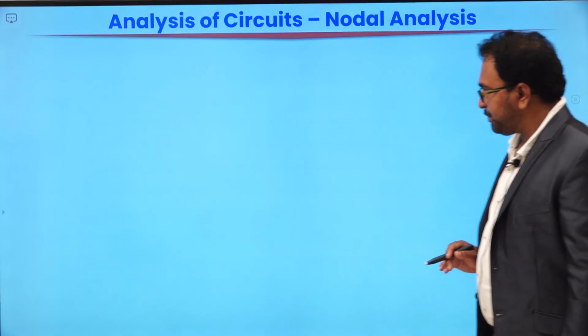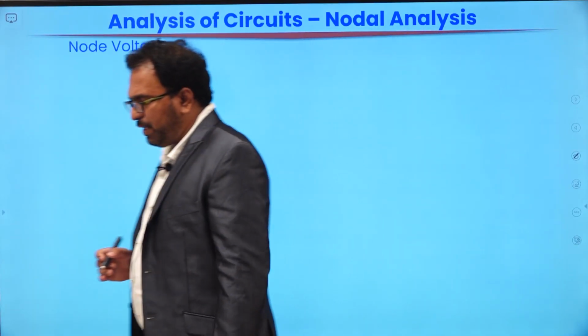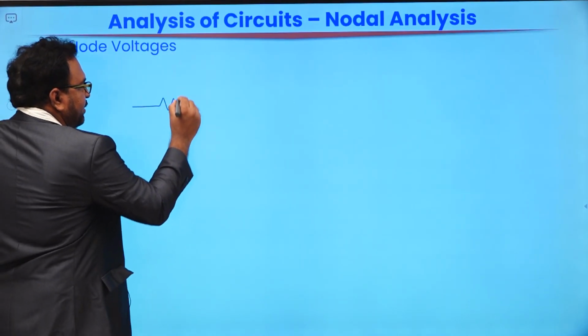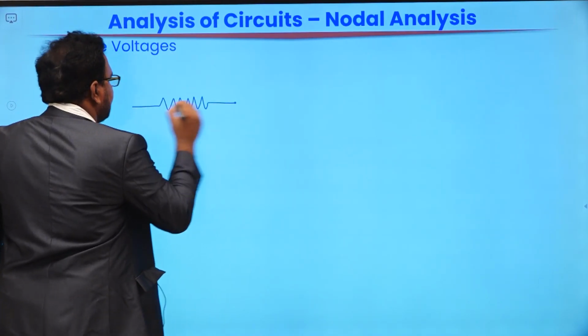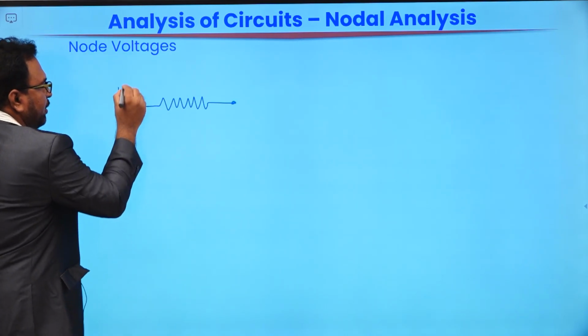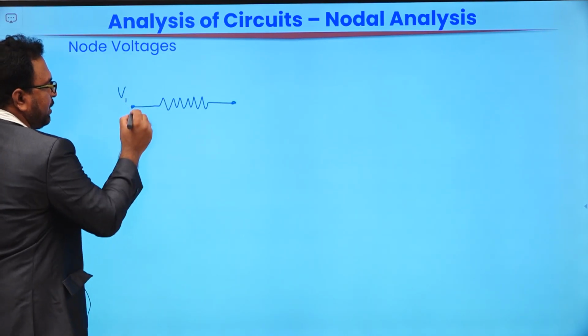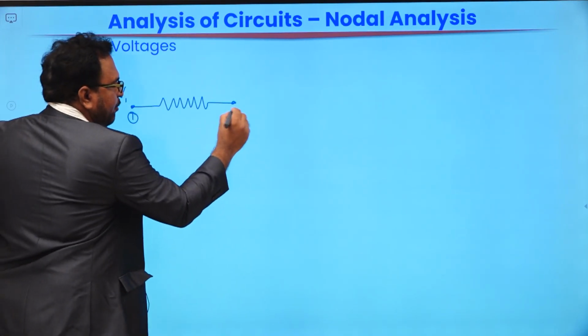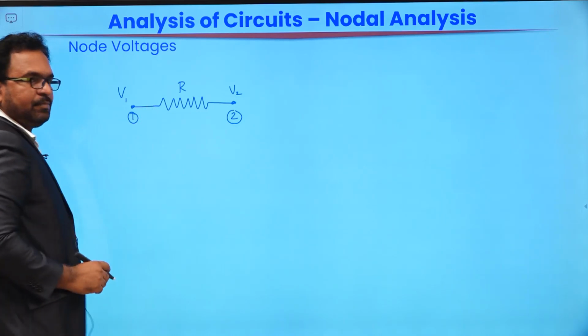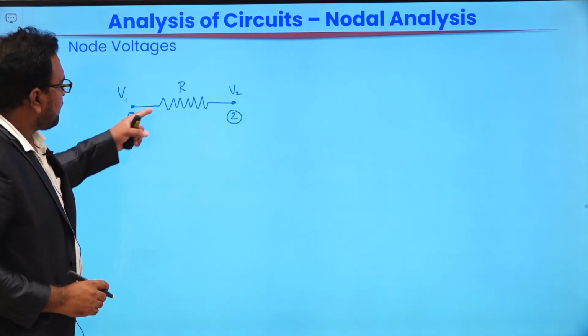Now what are the node voltages? Let us consider a resistor connected between two terminals, two nodes. I will assume that the first node has a voltage of V1, the second node has a voltage of V2, and the resistance value is R. Now what is the voltage across R?